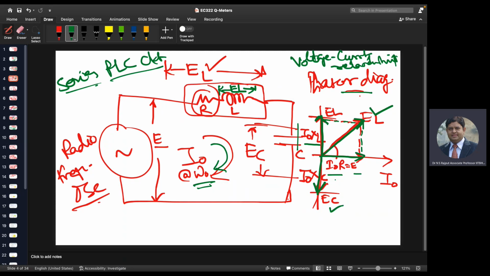So this is EC, this is EL, capital L, and this is the actual voltage across the resistance E. So this is known as the phasor diagram of the series RLC circuit. Fine.